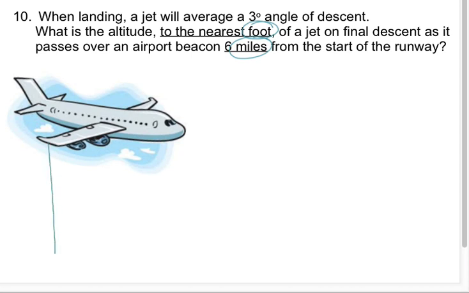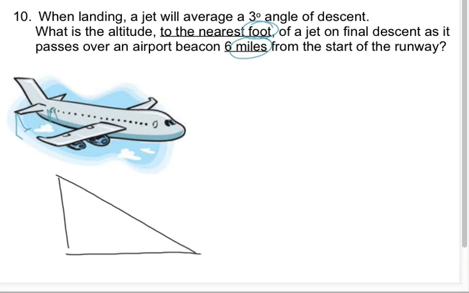So if this is my jet, looks more like a whale, but that's my jet, and they're telling me my angle of descent is 3 degrees.